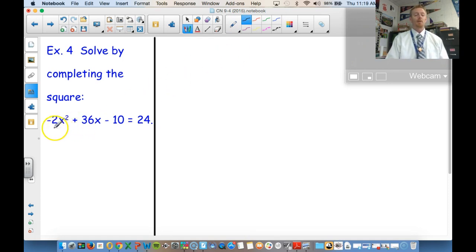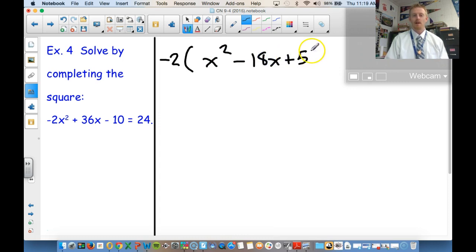So step number 1, we see that all of my terms are even, which means I can divide all of my terms by a GCF of negative 2. So when I take out a negative 2, I'm going to be left over with x squared minus 18x plus 5 is equal to negative 12.